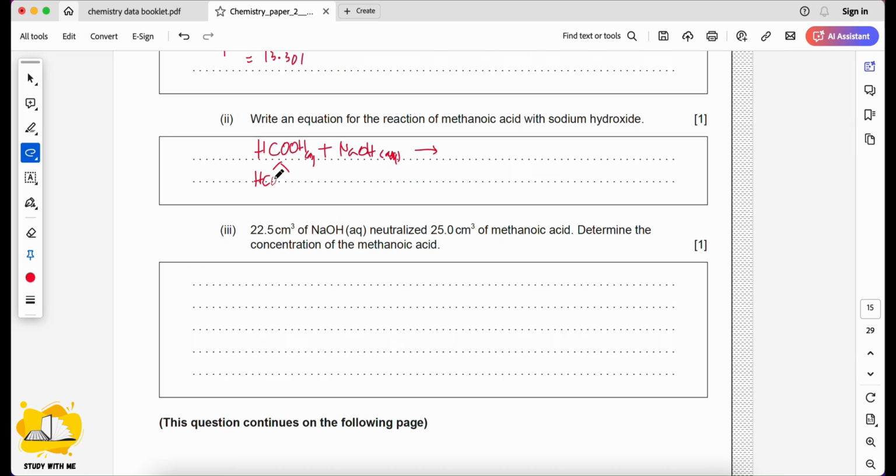So HCOO- and H+ because it's an acid, and then Na+ and OH-. So HCOO- will pair with Na+ because it's negative and positive. So that would be HCOONa aqueous, and we have H+ and OH-, of course, which will be H2O liquid.